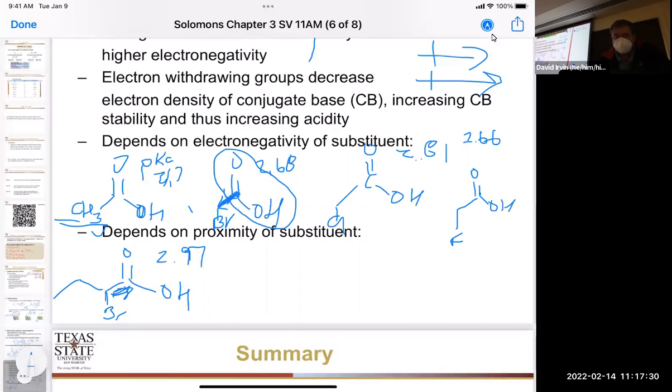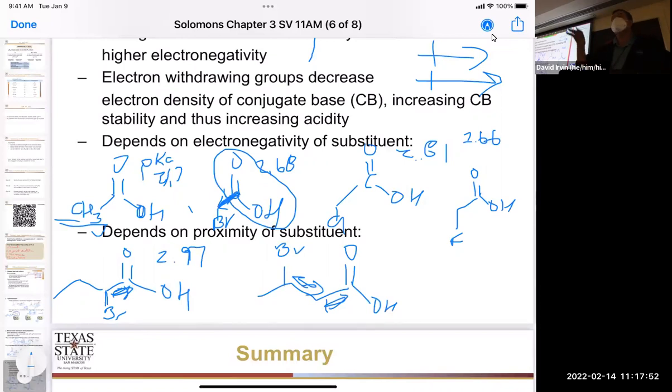So we have the bond between the carbon and the bromine, and then the bond between the carbon and the carbon of the acid group. What if we move that bromine over one position to here? So instead of just being one bond away, it's now two carbon-carbon bonds away from there.